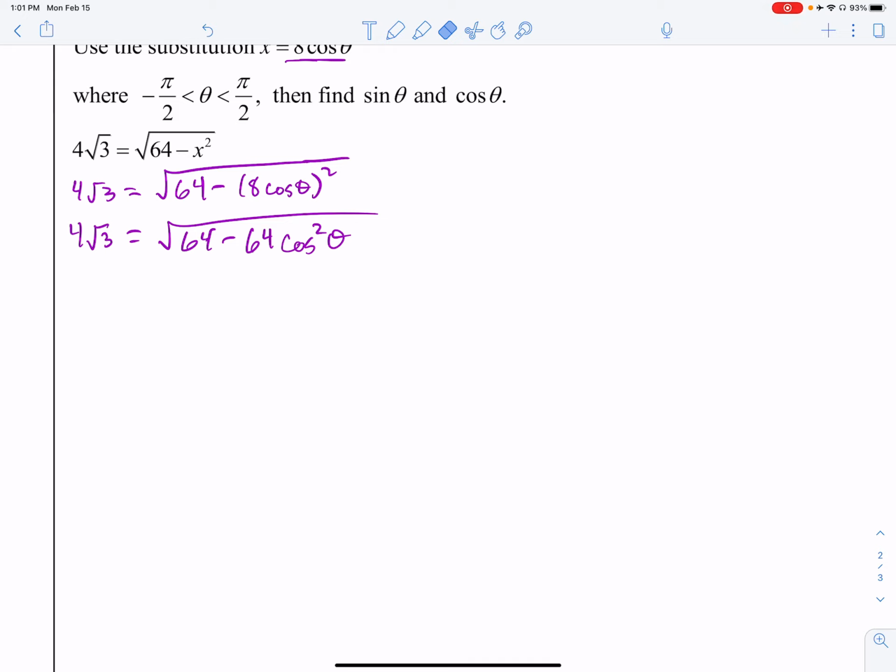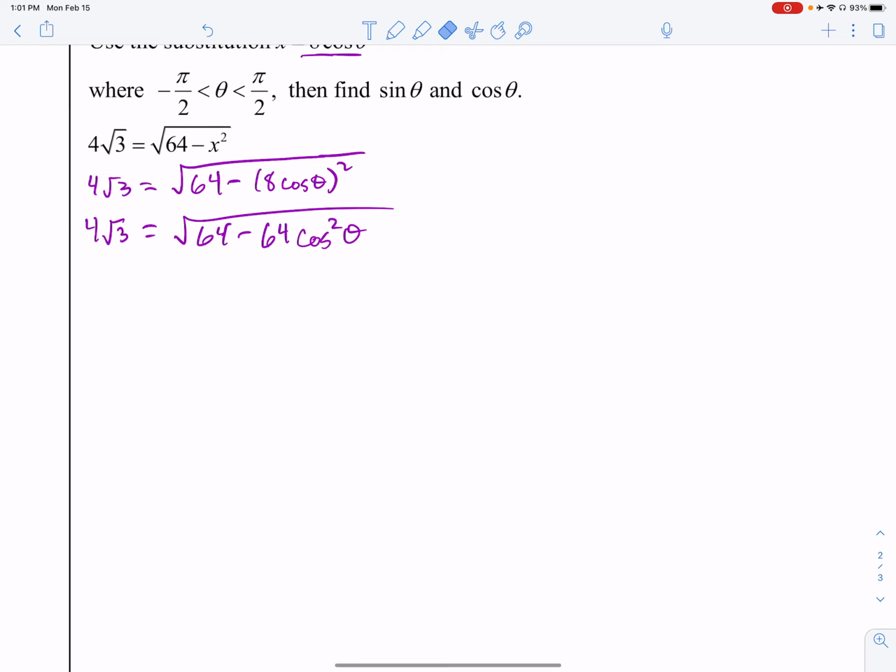In this case, we had an equation, so we don't put an equal sign out in front on each line. We have an equal sign within each statement as we work down line to line. Make sure you show that for root 3 on the left as you work down. So anyways, on this, we have 4 root 3, and underneath the radical, I want to factor out the 64, and I get a 1 minus cosine squared theta.